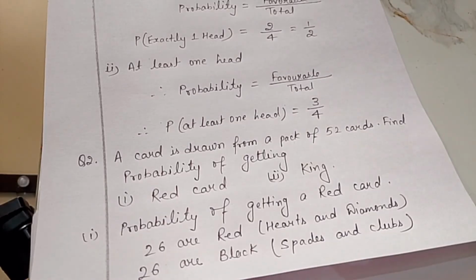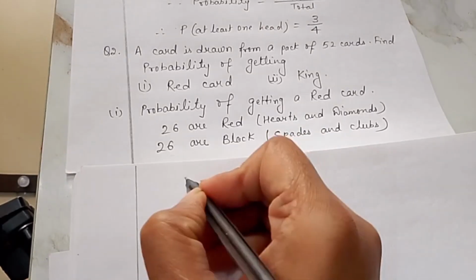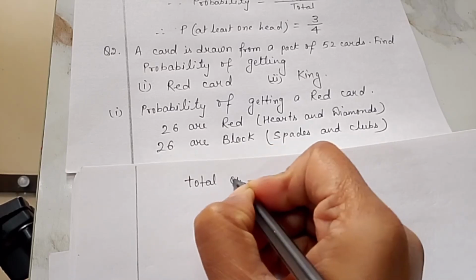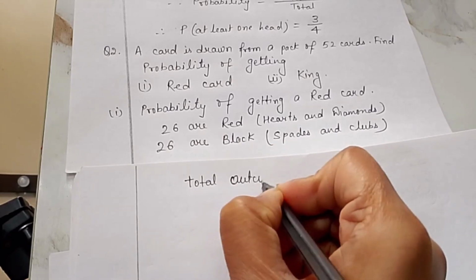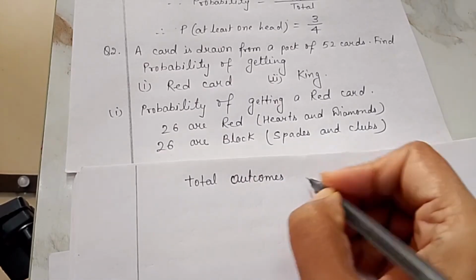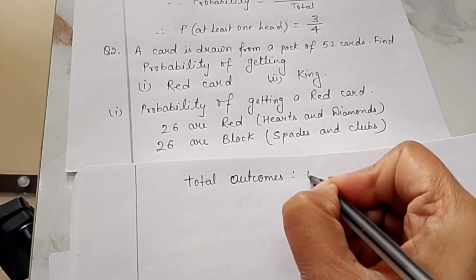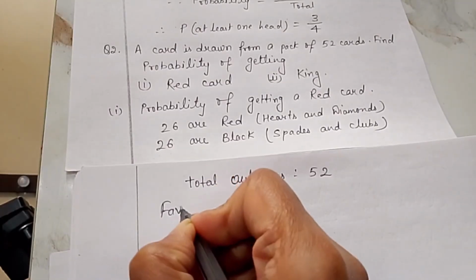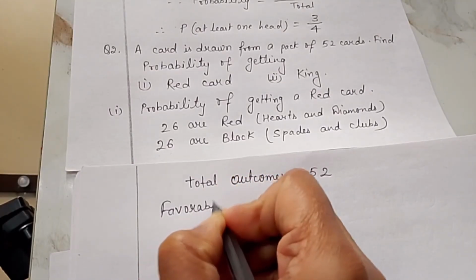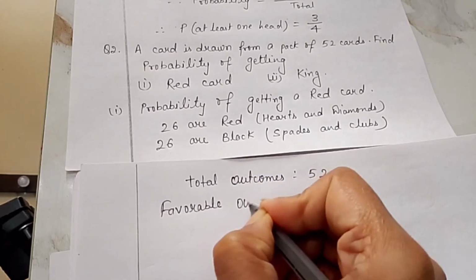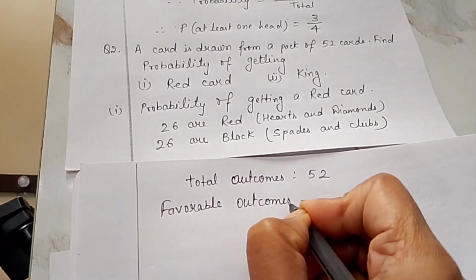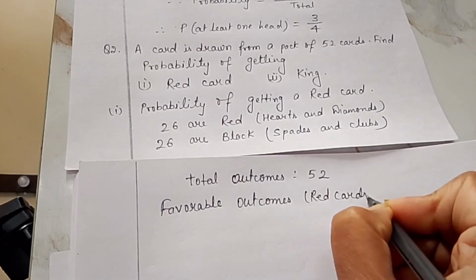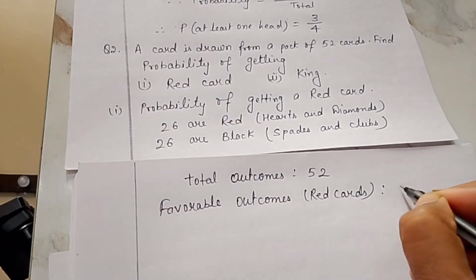The total outcomes are 52. Favorable outcomes of red cards is 26.